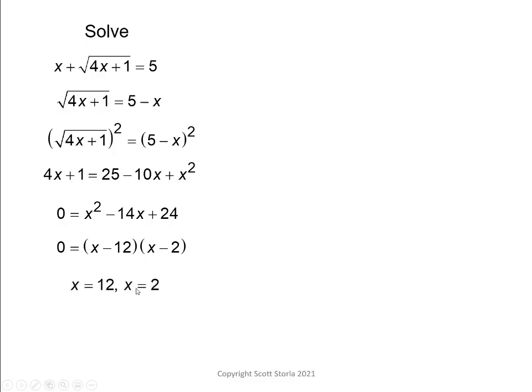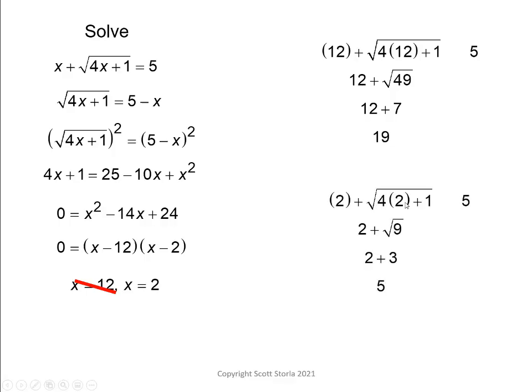I can now solve and find two solutions, 12 and 2. First, I'm going to check 12, and you can see that that doesn't work. So I'm going to have to get rid of 12. Now I'm going to check 2, and that does work. So 2 is my solution.